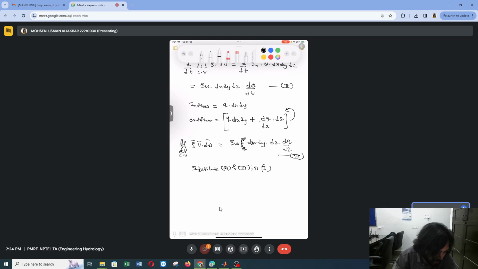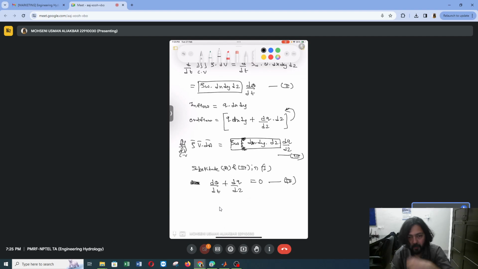So the left hand term was 0, and we can simply arrange these terms and we'll get the final equation. These terms are constant in both the equations, so we can simply cancel both the terms, and whatever is left is the final equation: d theta by dt plus dq by dz is equals to 0. This equation is equation 4.